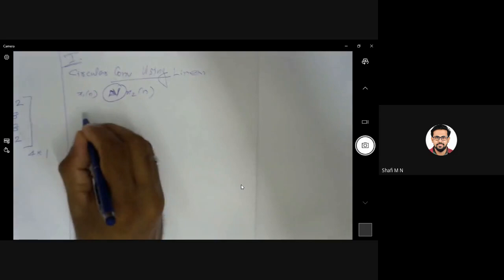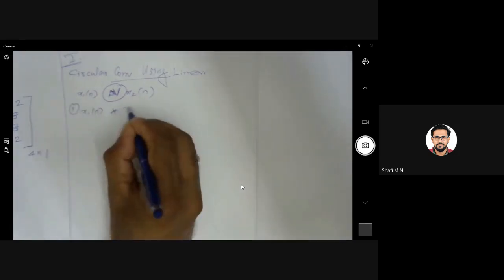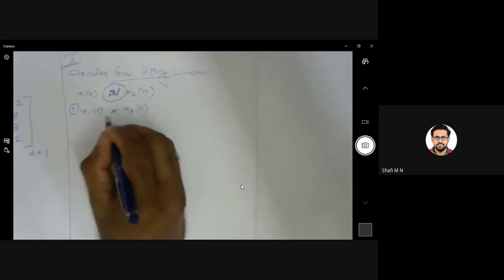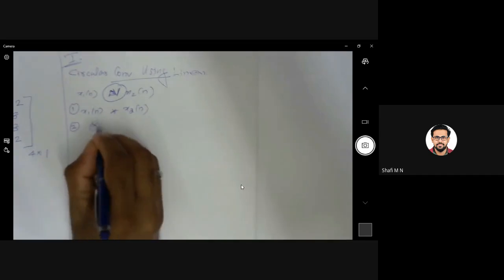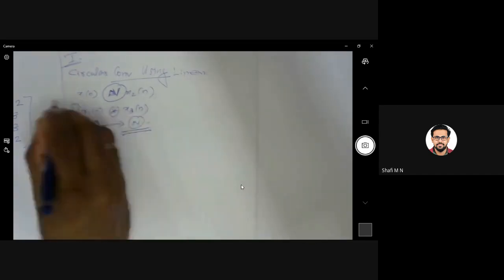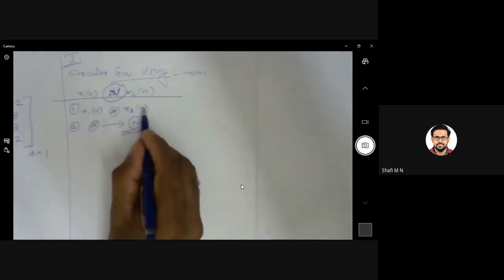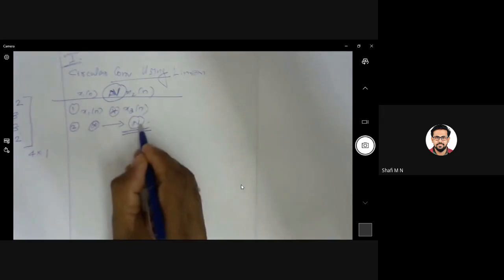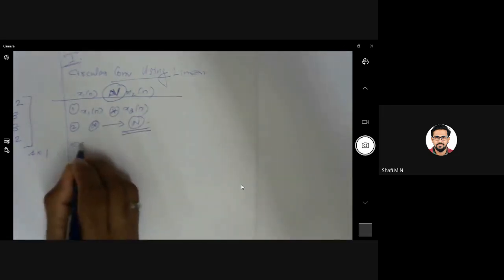But how to approach this? First you have to do linear convolution of x1 of n comma x2 of n. That is the first step. Then you have to convert linear convolution to circular convolution, and the final answer should be this. This is what I have to perform. To do this, I have to use linear convolution, then convert the result to circular. We'll see one example.